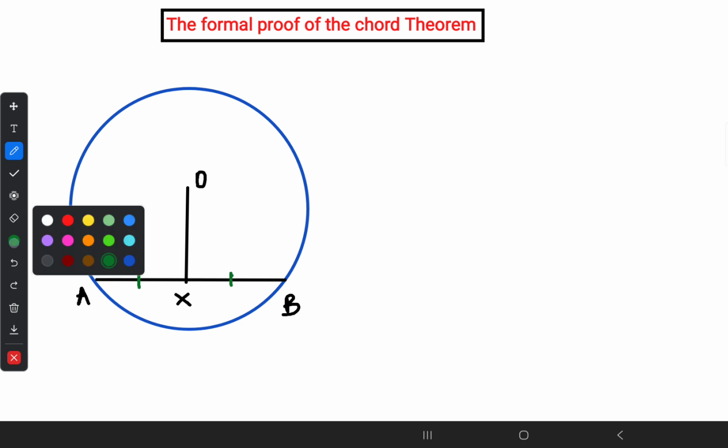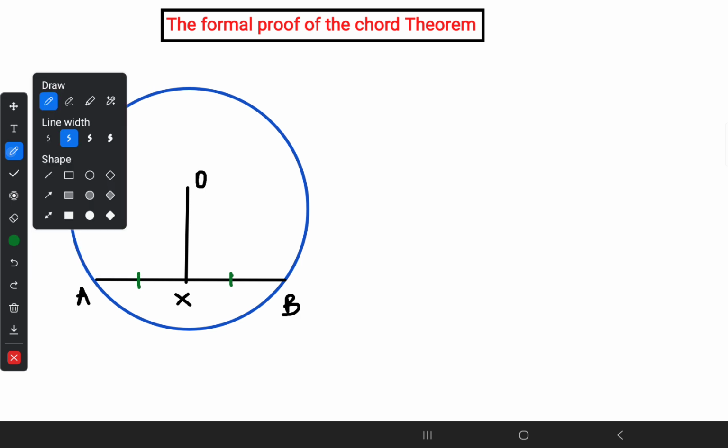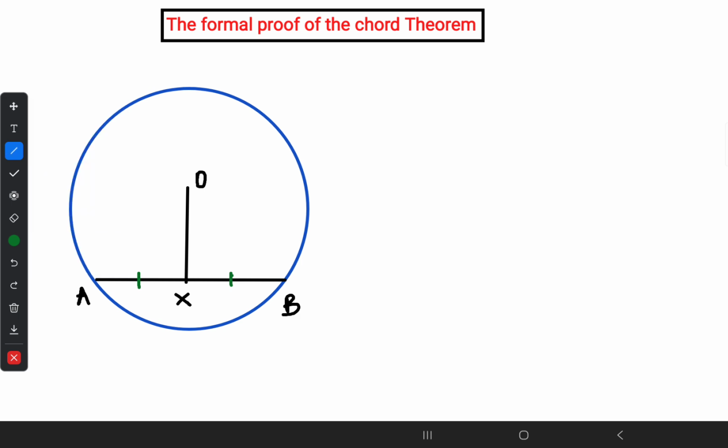For that, you should draw some construction line here. So here I joined AO and OB by using dashed lines. First, the construction. You should write the construction. What was the construction we did to prove the theorem?